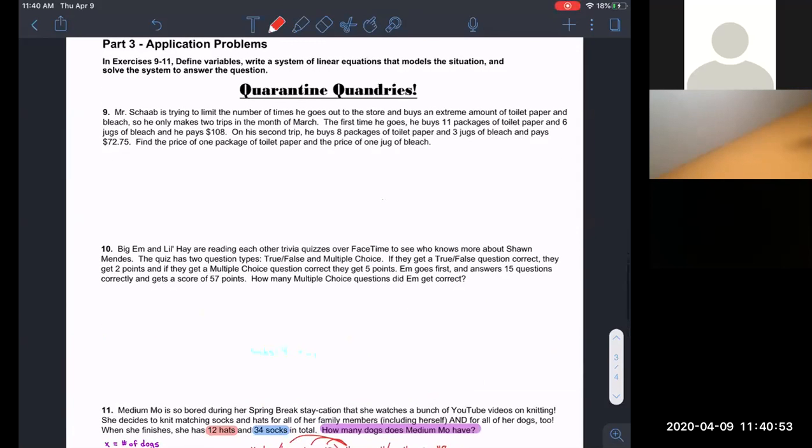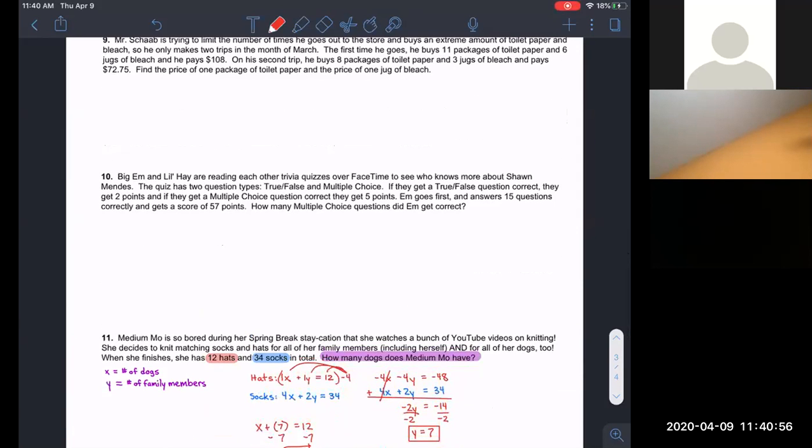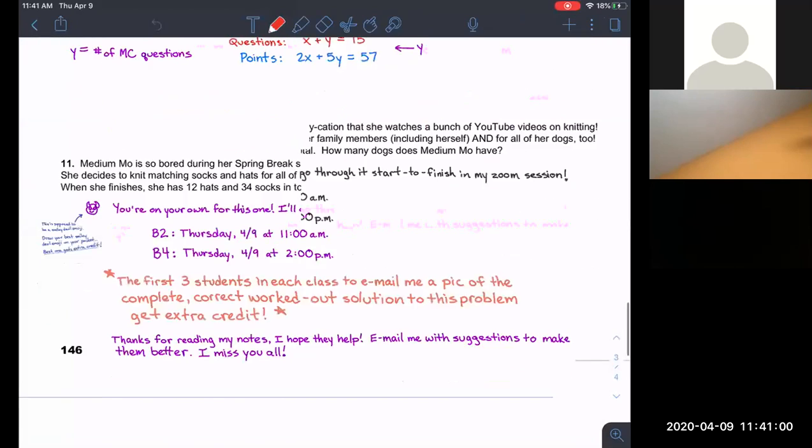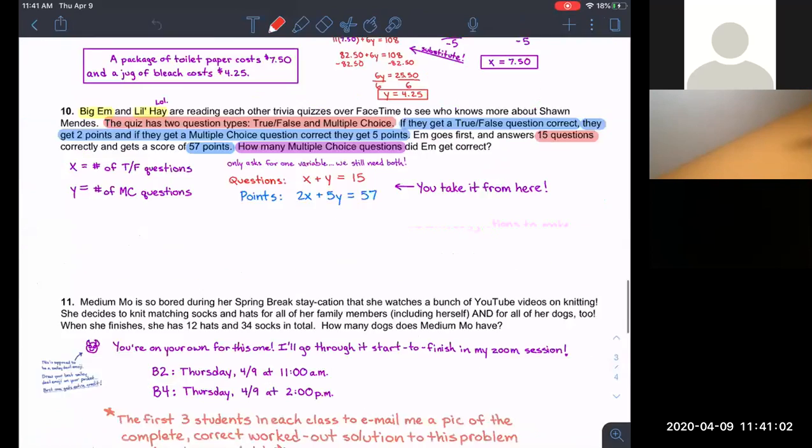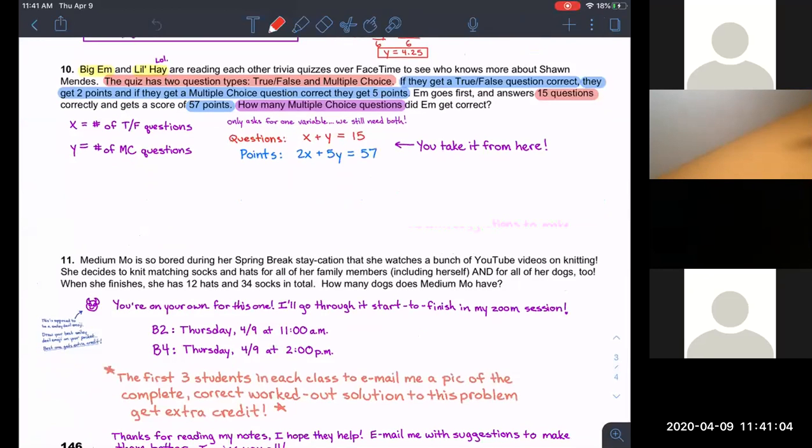Big M and Lil Hay, you want to finish that one? Okay, let me go back to, I already had it partially done here, and I can just take it from here. And then we'll go back and I'll do number 5 on the practice problems as well. Actually, 5, maybe we'll get the whiteboard out and we'll see if some students can solve that correctly.